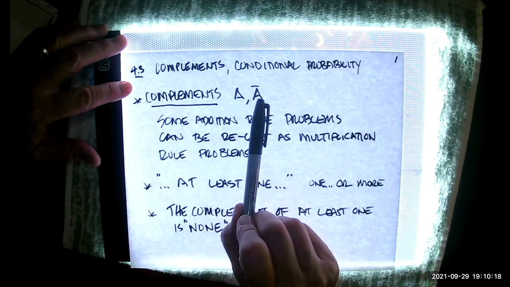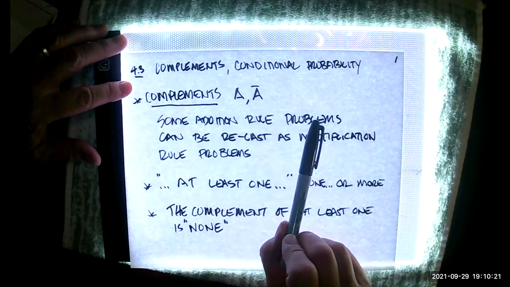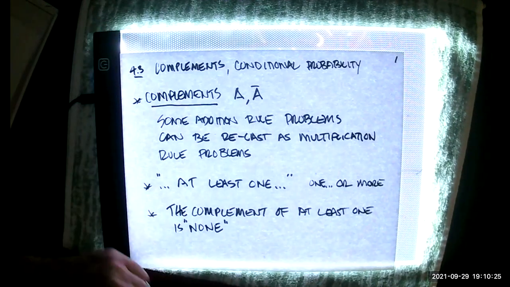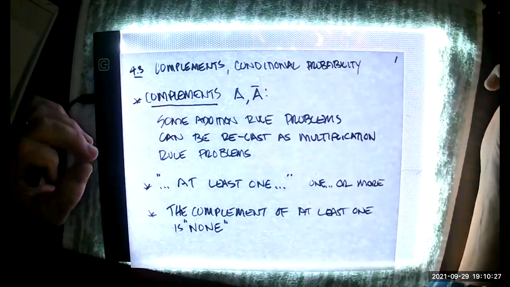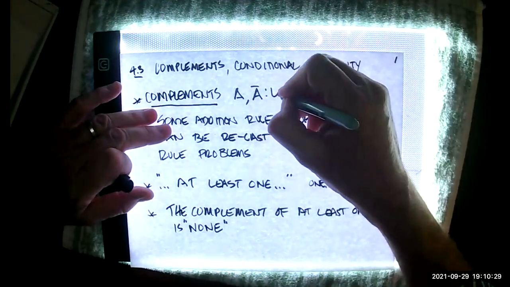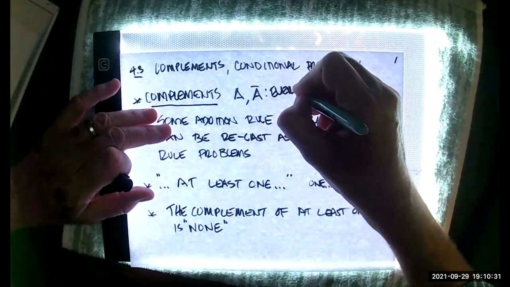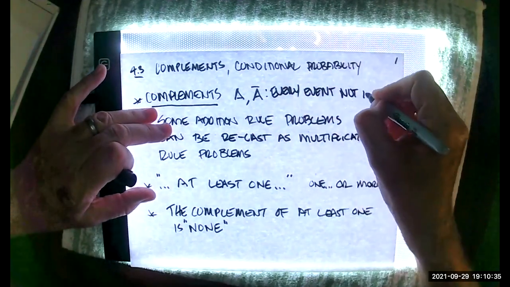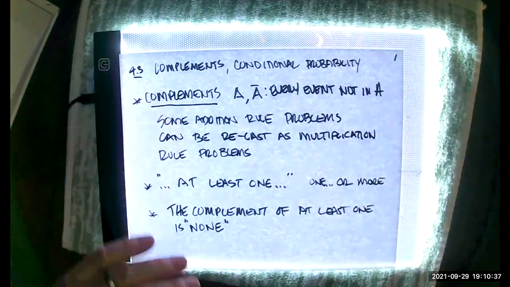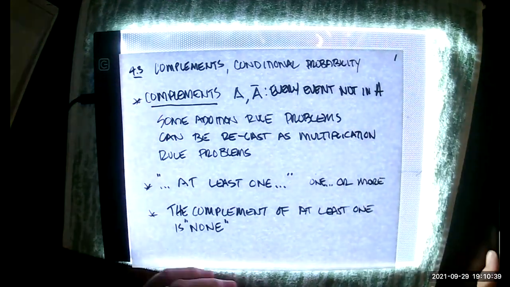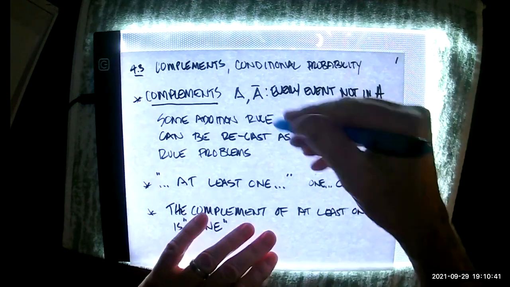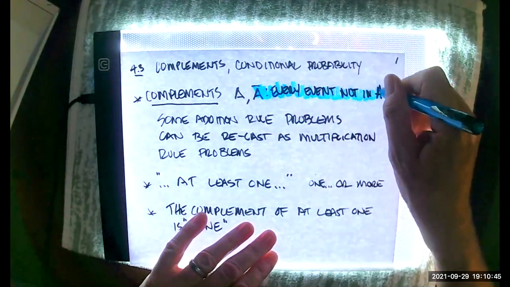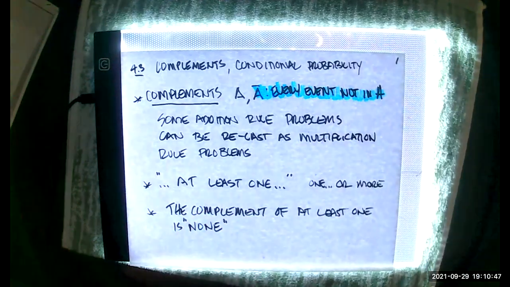And I like this because some addition rule problems can be recast as multiplication rule problems. I will remind people that A bar is every event not in A. Between the two of them, A and A bar cover the entire sample space or gamut of possibilities.